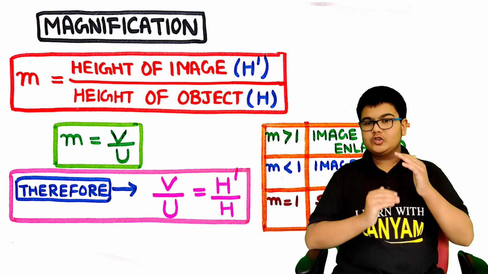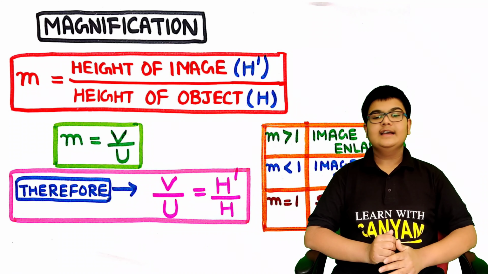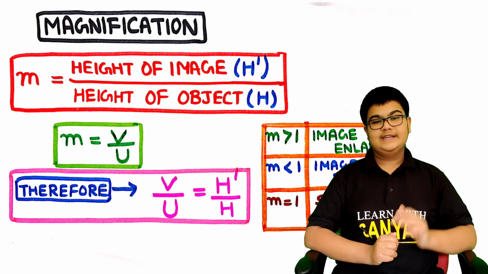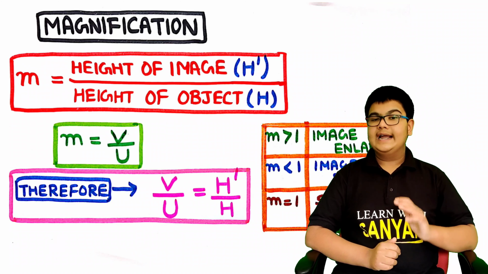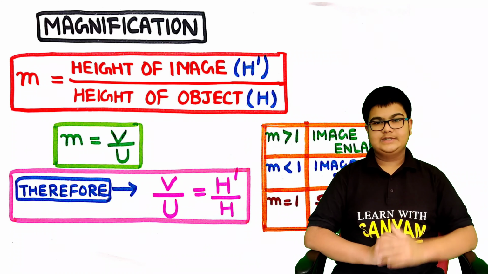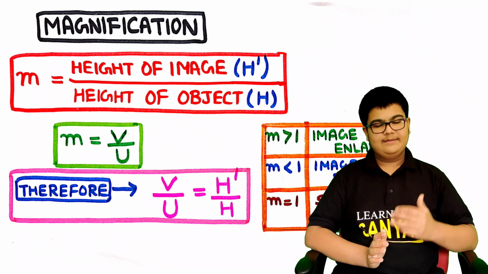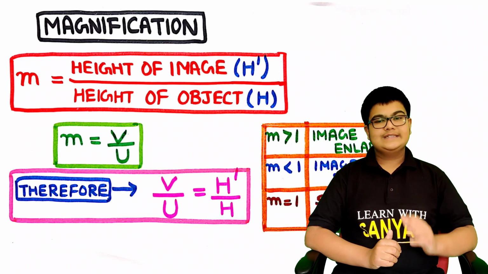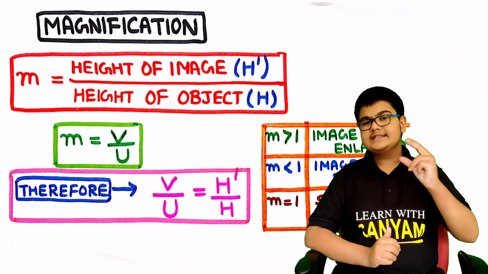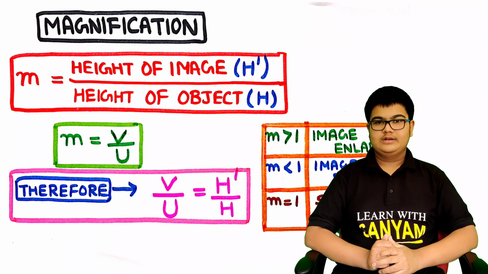Now if we combine both of these formulas, then we will get that image distance upon object distance is equal to height of image upon height of object. Now we did this because it will be used in many numericals ahead. So basically you will have to remember all these three formulas for magnification.